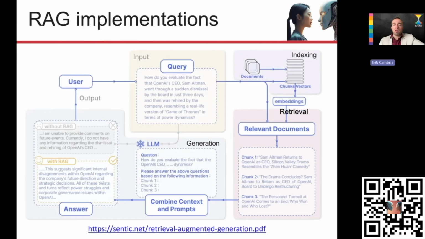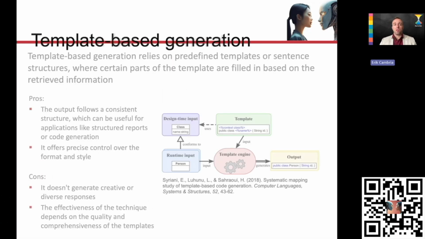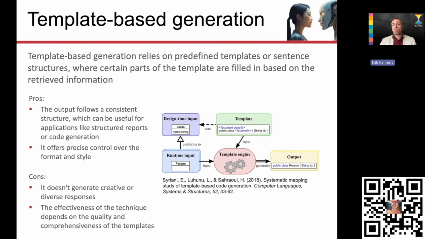Okay, so now the last bit to look at is generation. We haven't talked much about this in this course, but we talk about generative AI in the NLU course. Here, very simply, you can, again, apply different strategies depending on the resources available. So if you have limited resources, you can use template-based generation. So let's say your goal is to use RAG to create a report, or different kinds of reports that always look the same.